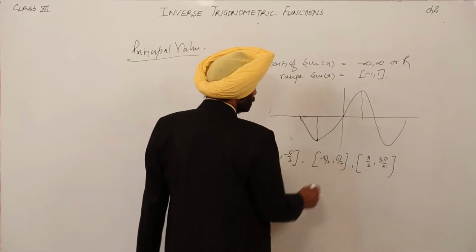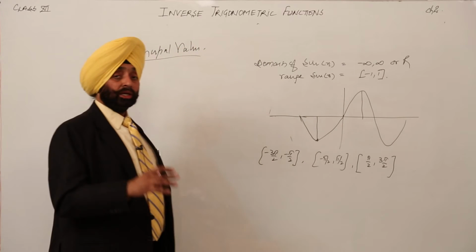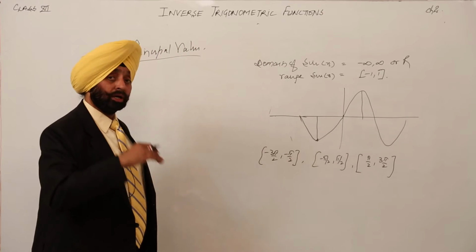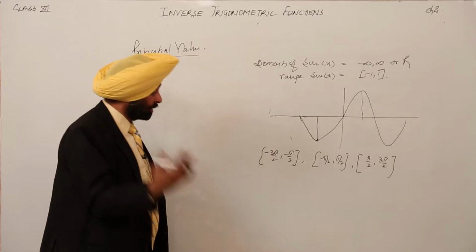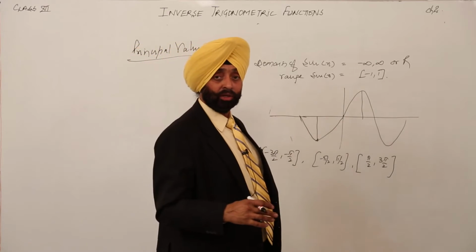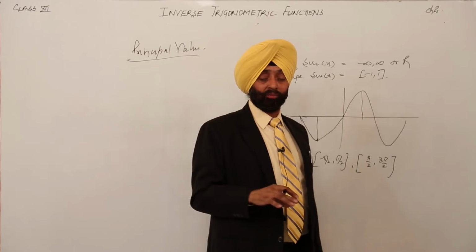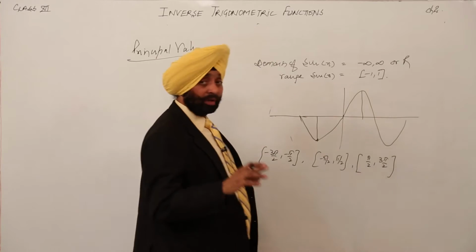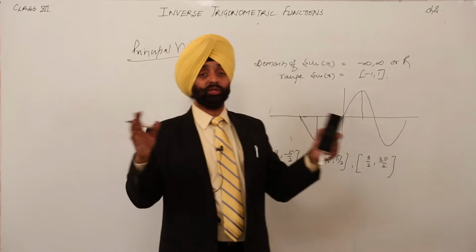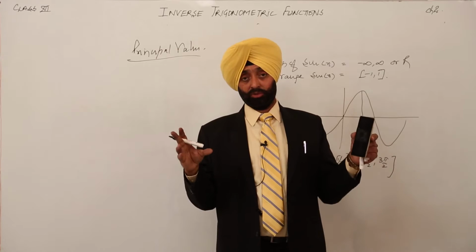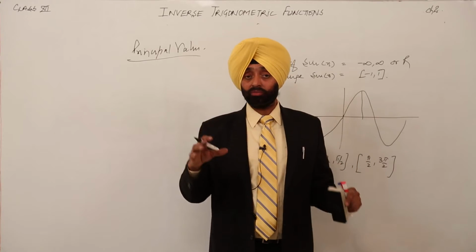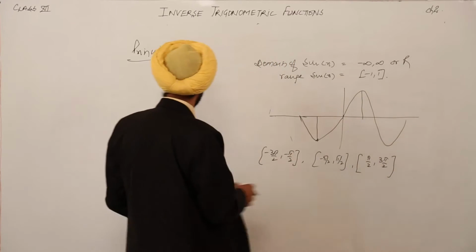These are three different intervals in which we are getting repeated values, the same values a number of times. So when we are having the same values, why can't we restrict them to get a function 1-1 and onto? Now it is clear to you.